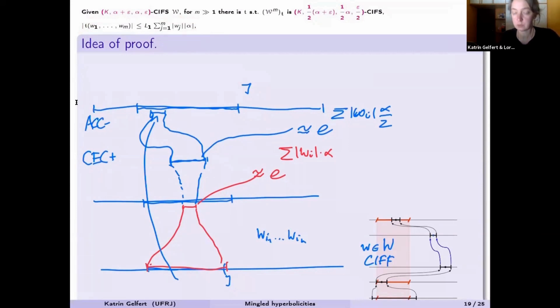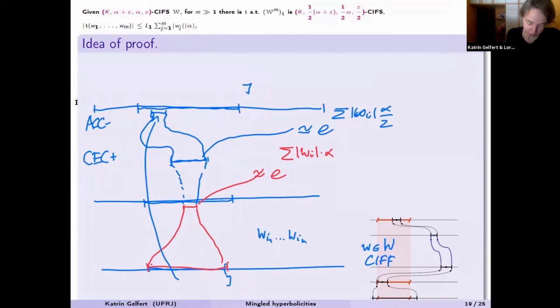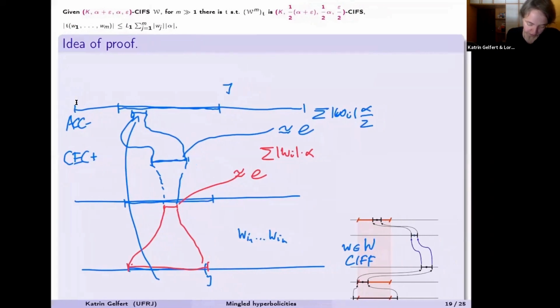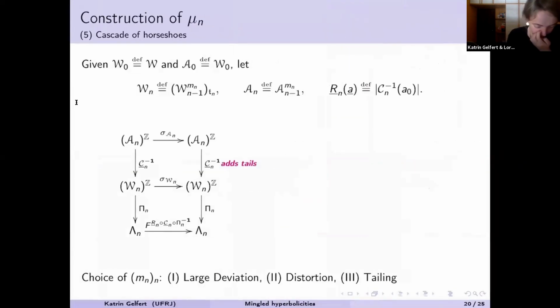So I'm running out of time, lots of things to discuss. But I would like to give you some idea what measures eventually we would like to look at. So you do this construction and you get a cascade of contracting iterated function systems.